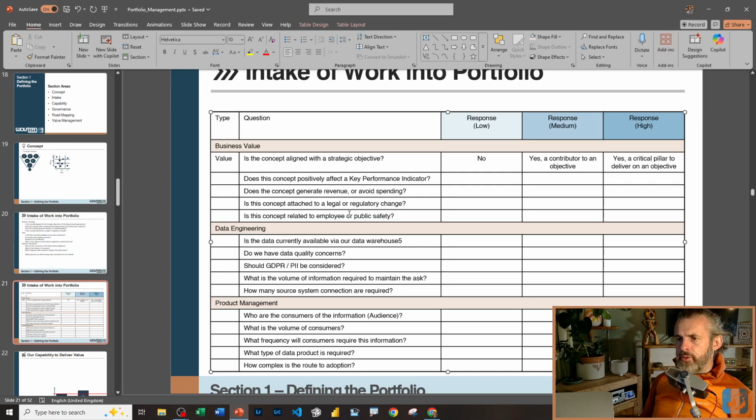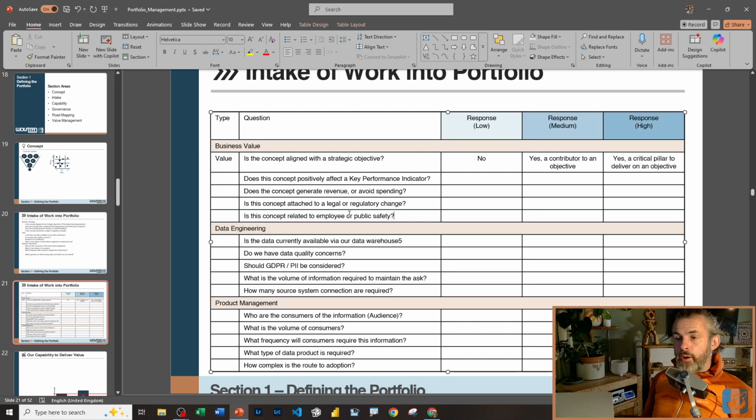I think we've covered everything off there. Does it affect a strategic objective? By implementing it, does it affect a key performance indicator? And I believe that's different to the strategic objective. Like, you can have something affect a key performance indicator, but it not be aligned to a strategic objective, and vice versa.